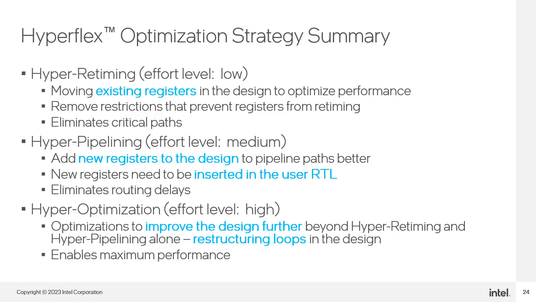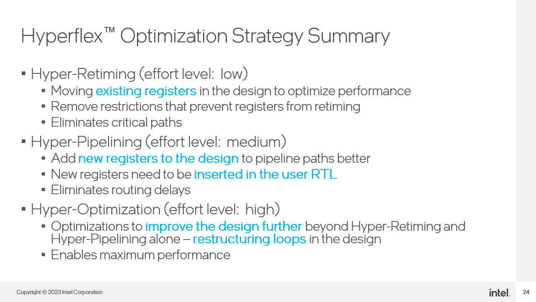Stage 2 is hyper-pipelining. Hyper-pipelining involves adding new registers to the design RTL so that they can then be retimed into hyperregister locations. This cuts critical paths even more as there are more overall registers in the design, so the individual register-to-register paths in your design can be reduced even more.